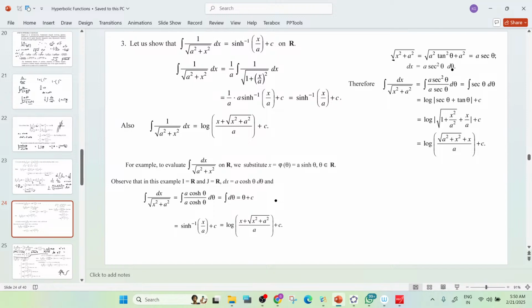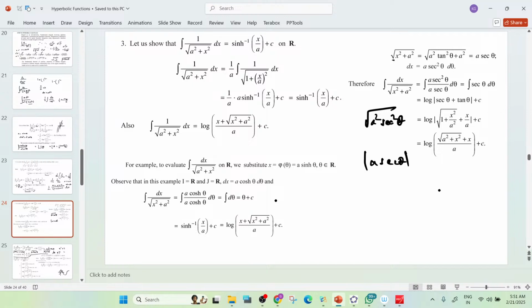dx is a secant square theta, and under root of x square plus a square is under root of a square into 1 plus tan square, which is under root of a square secant square. But again, here also it should be a mod secant theta. It is not directly a secant theta, right?